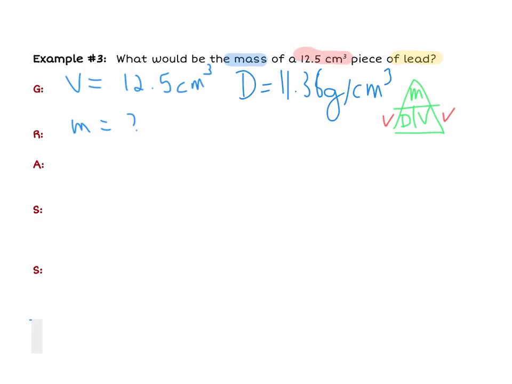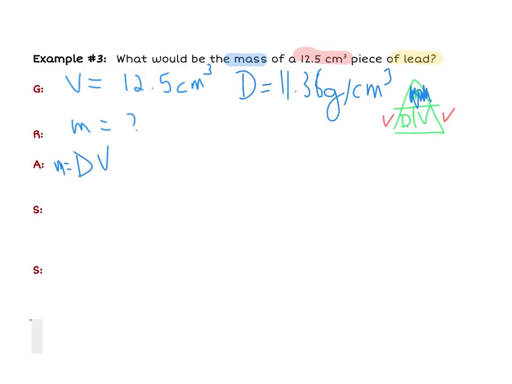So now I'm down to the analysis portion of my solving. If I hide the mass, then I can see that the formula that I get is D beside V, which tells me that it's dV. So M is equal to dV.